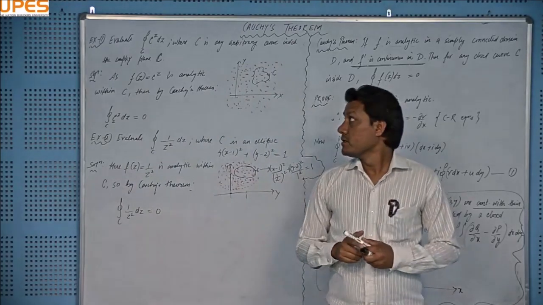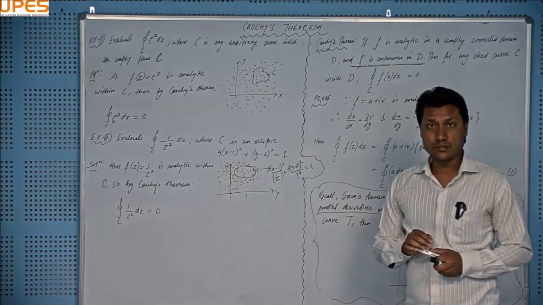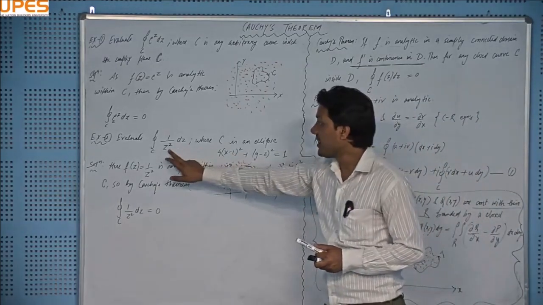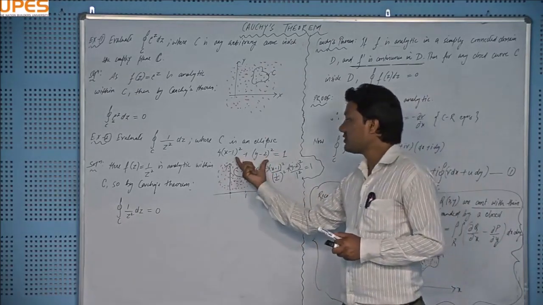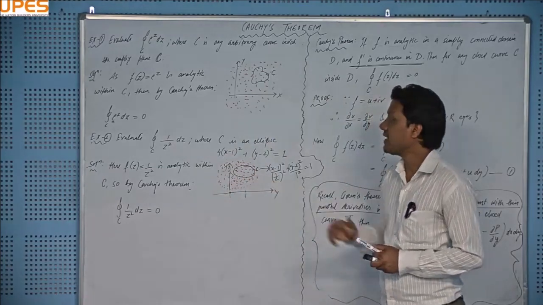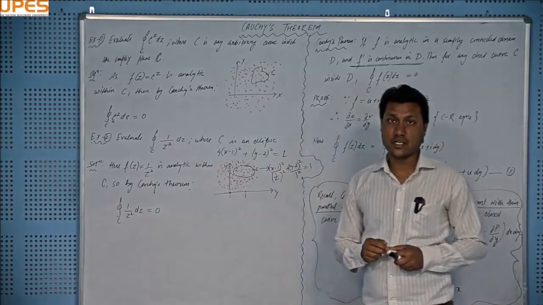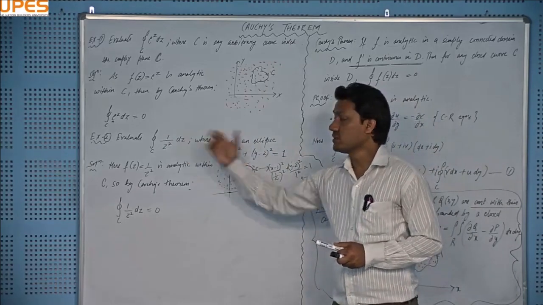Fine. So we were able to use this Cauchy's theorem due to this singularity lying outside the domain D, or you can say that the nature of the curve was such that it was not enclosing any singularity of this function f z, right? But what happens if this curve encloses the singularity?